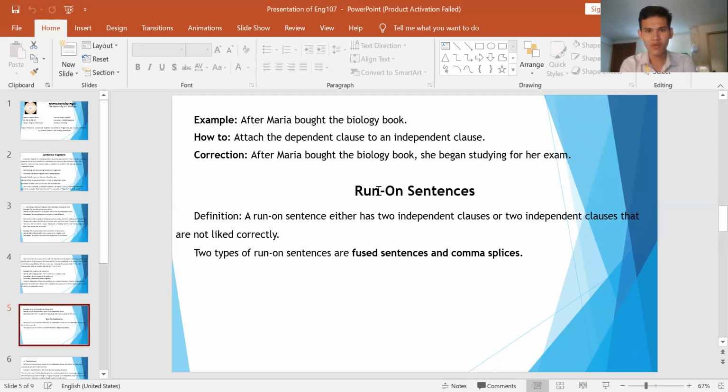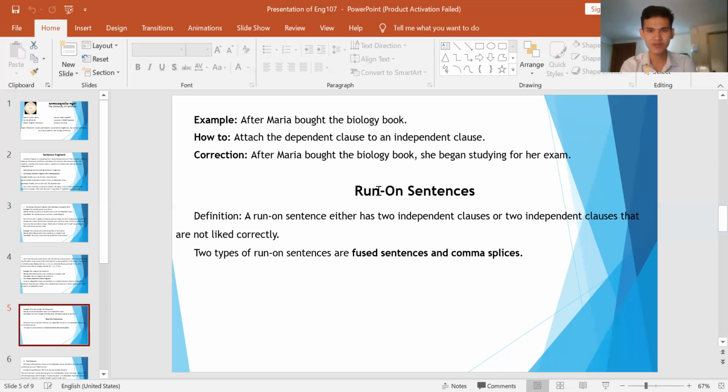Run-on sentence. What is a run-on sentence? Definition: a run-on sentence either has two independent clauses that are not linked correctly. It means you use two independent clauses with a problem in the connection.